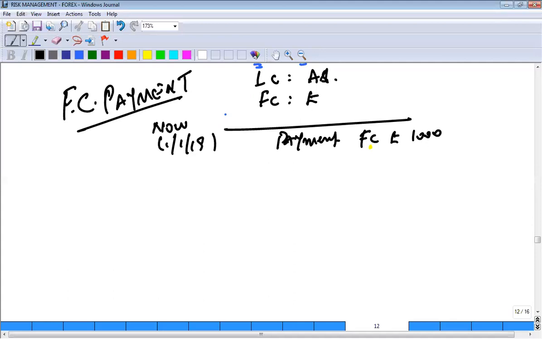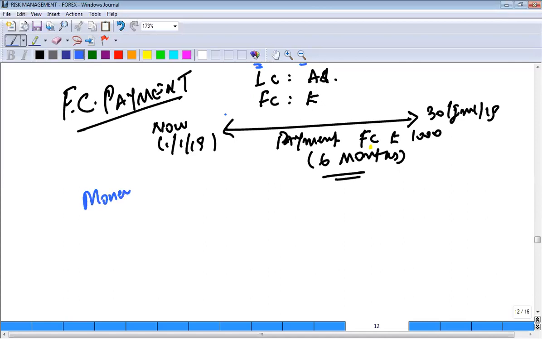For example, 30th June 2019. The gap is 6 months. So how will the money market hedging apply?